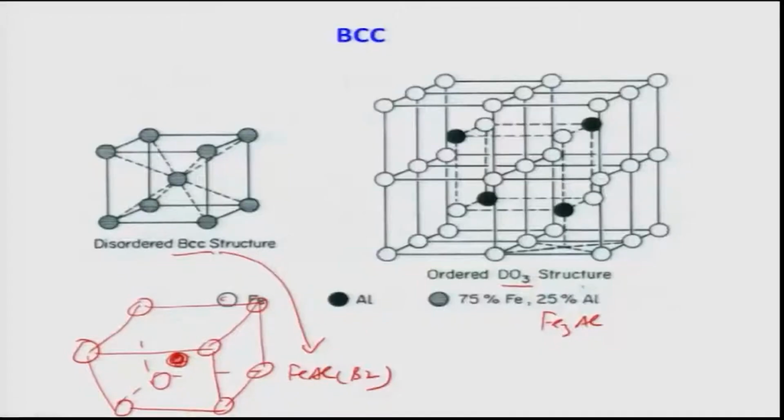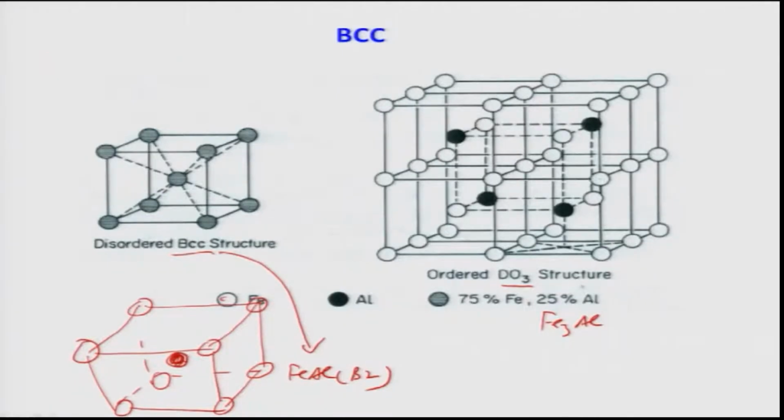So, simply all the corner atoms are here occupied by the iron in a B2 structure. That means if I have a large number of unit cells together, I can always define a simple cubic structure in which all the corner atoms are occupied by the iron.